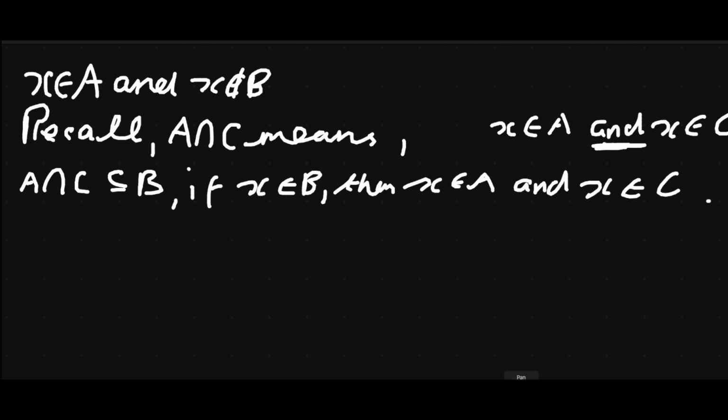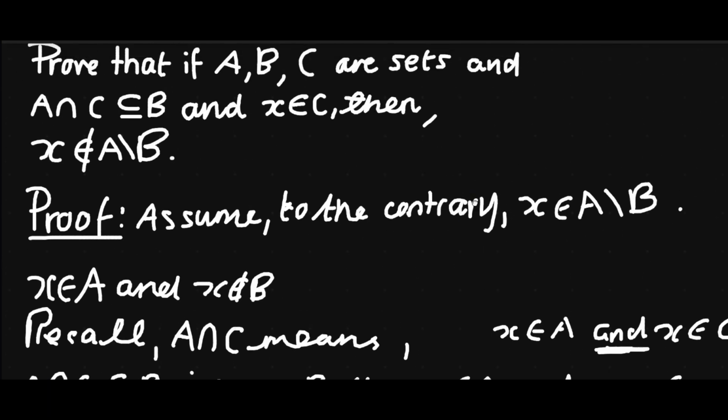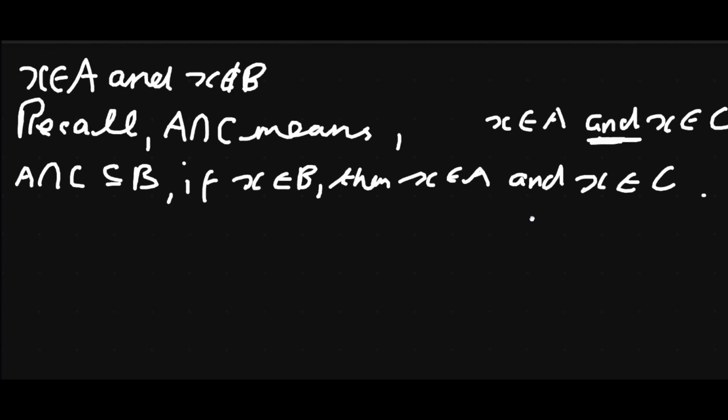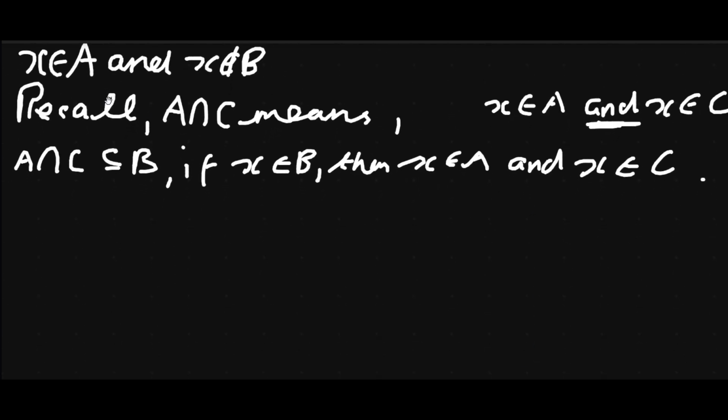But now, what we're saying is that X is in A minus B, so X is in A and X isn't in B. So then X isn't in B, but we said if X is in B, then X is in A and X is in C. So we can now negate this statement.